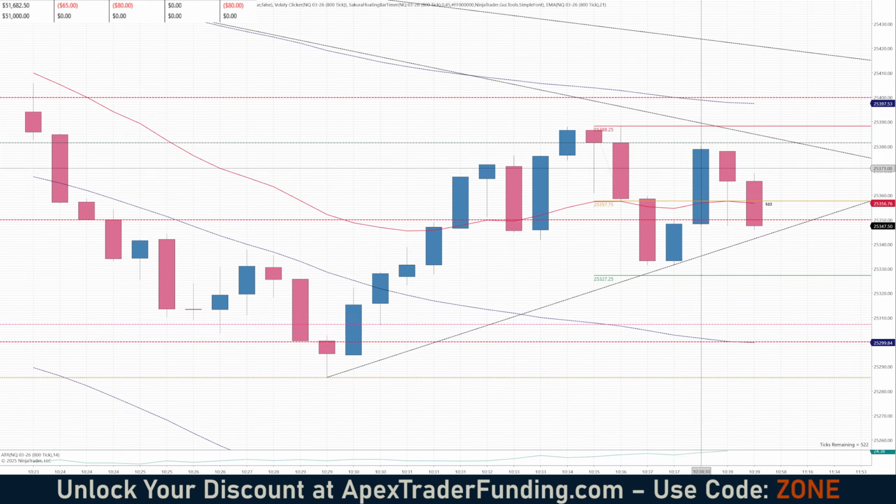The problem with taking a 50% pullback trade here is that you now have the EMA underneath you, and you have the 350 underneath you, right? So you have to be conscious of your obstacles as well.